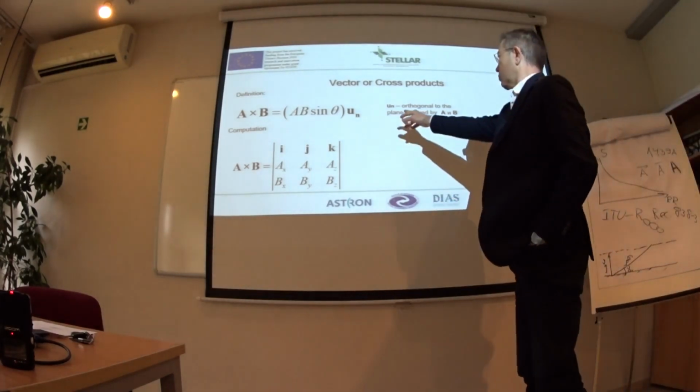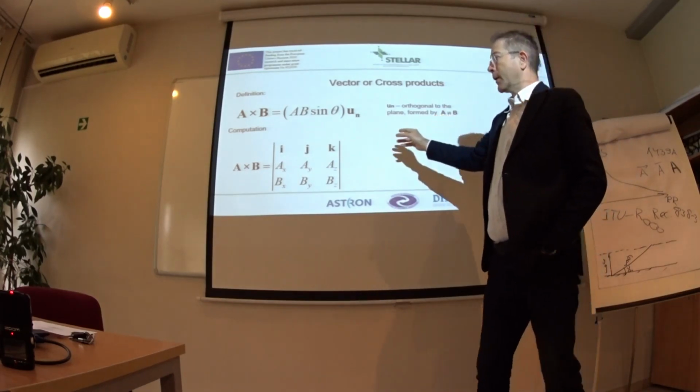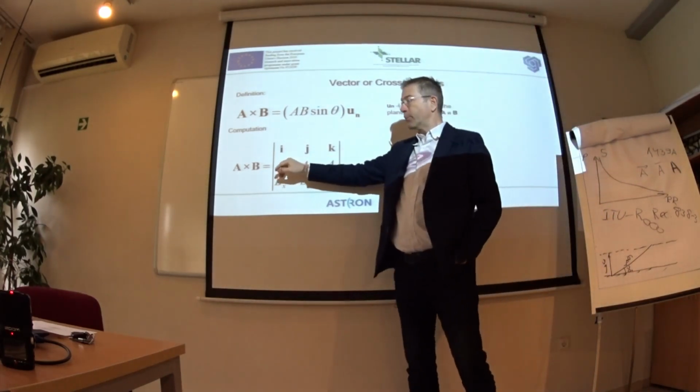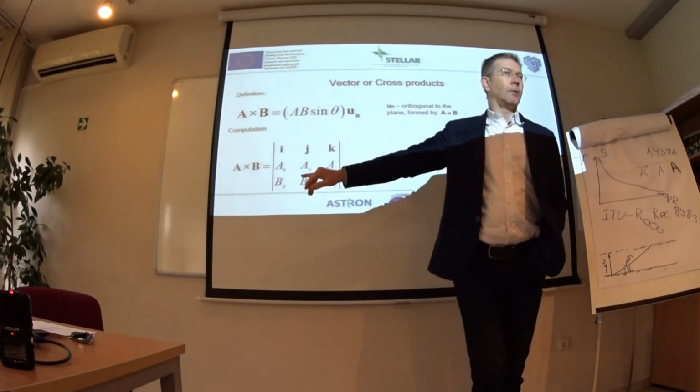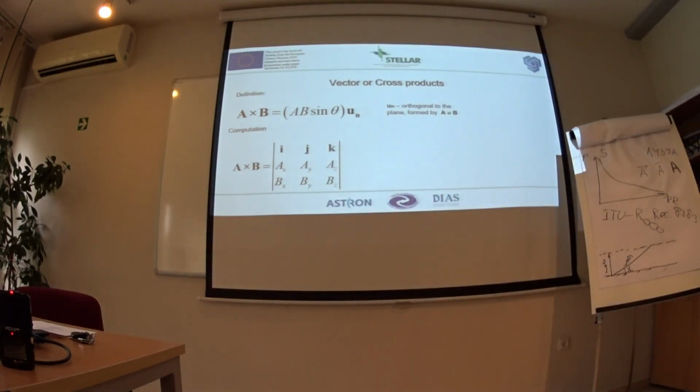The unit vector orthogonal to the plane of these two vectors. And if you have MATLAB, you simply solve this determinant. And you will get the direction, the product of these vectors.